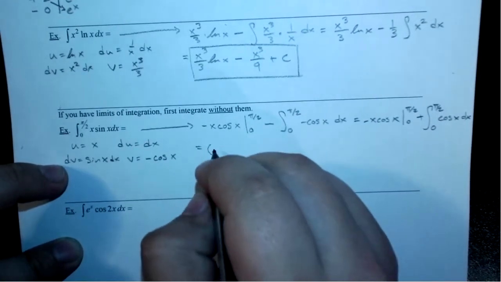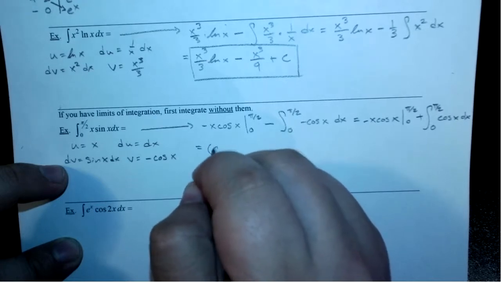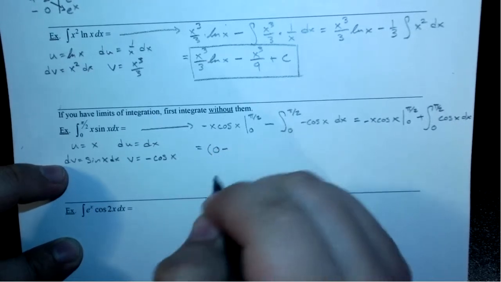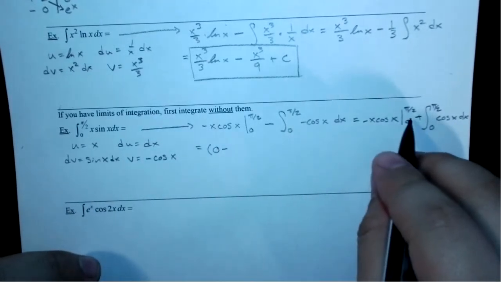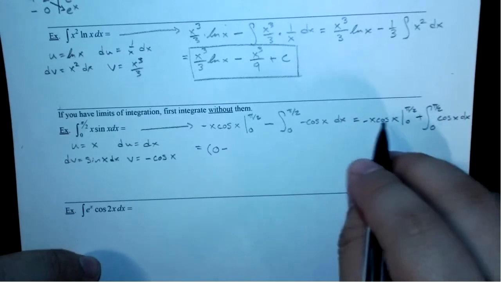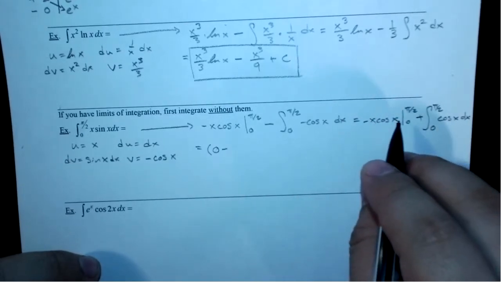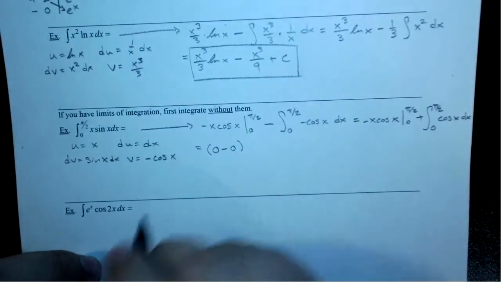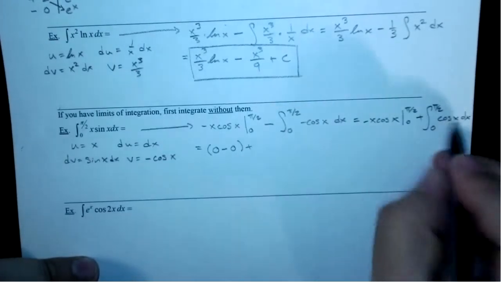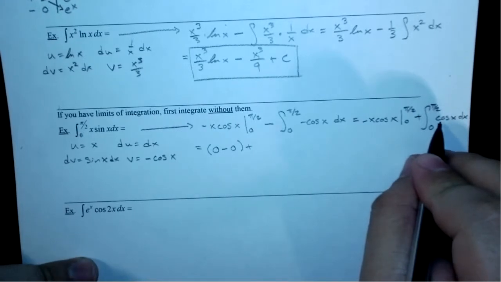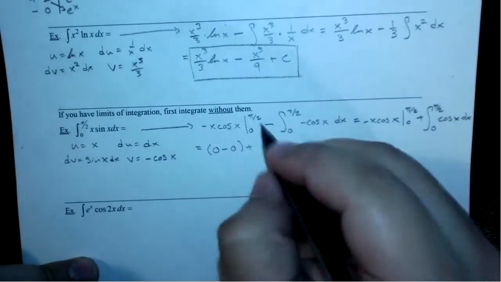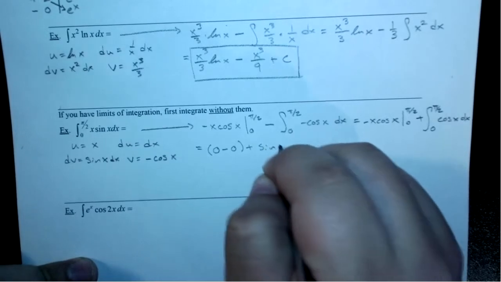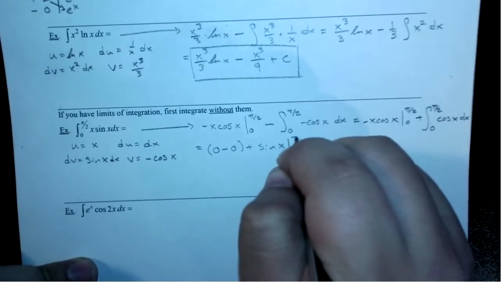So, in other words, 0 minus f of a, which would be 0 times 1, so 0, plus the integral of cosine of x is sine of x from 0 to pi over 2.